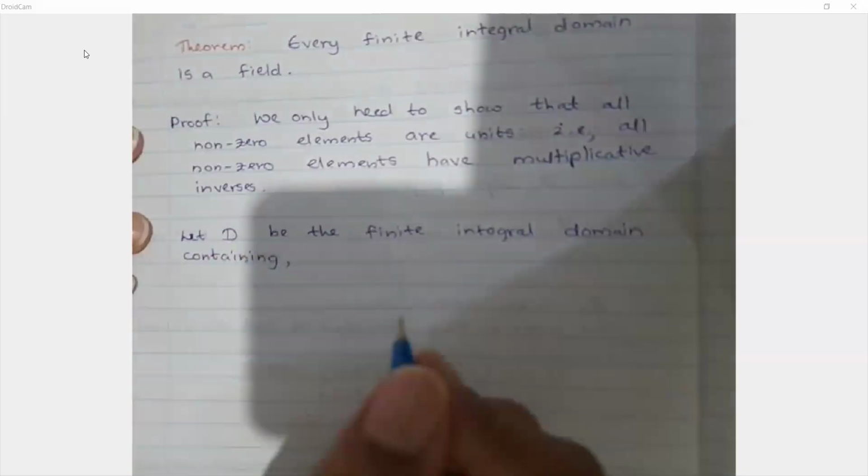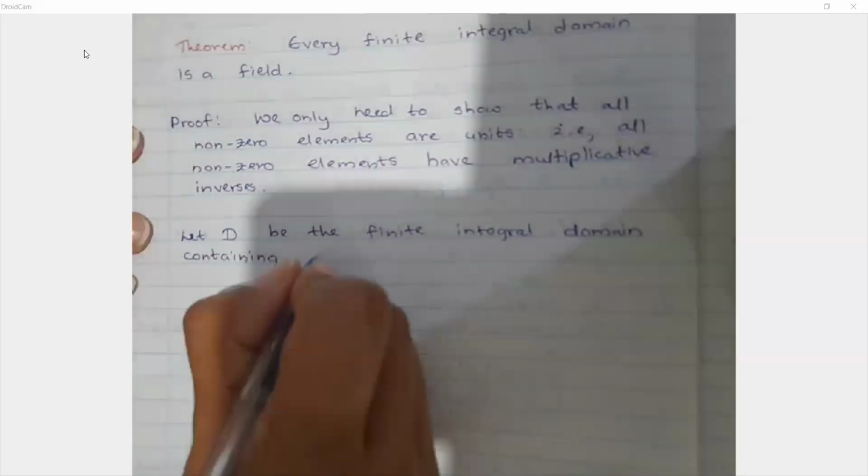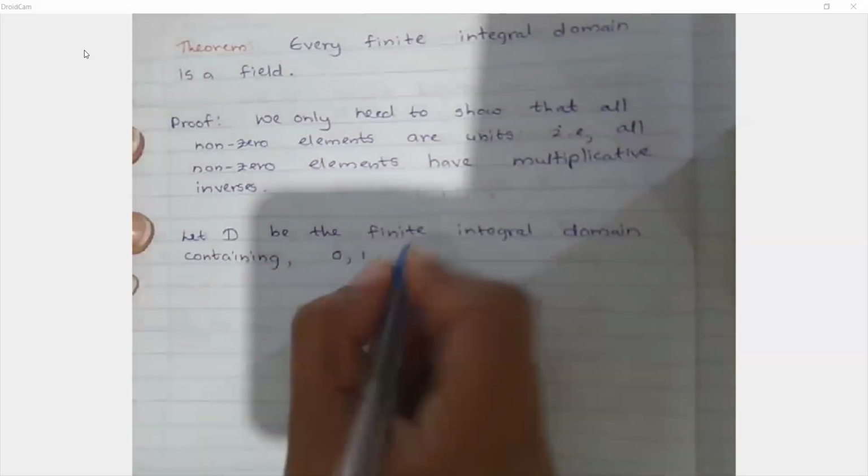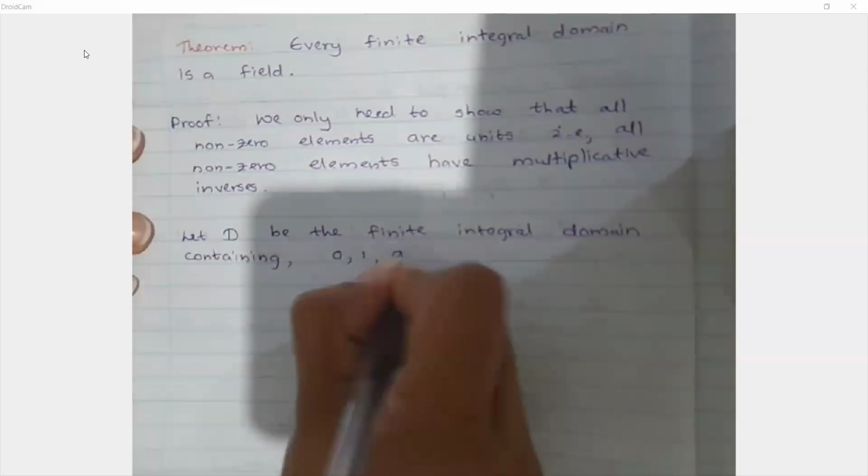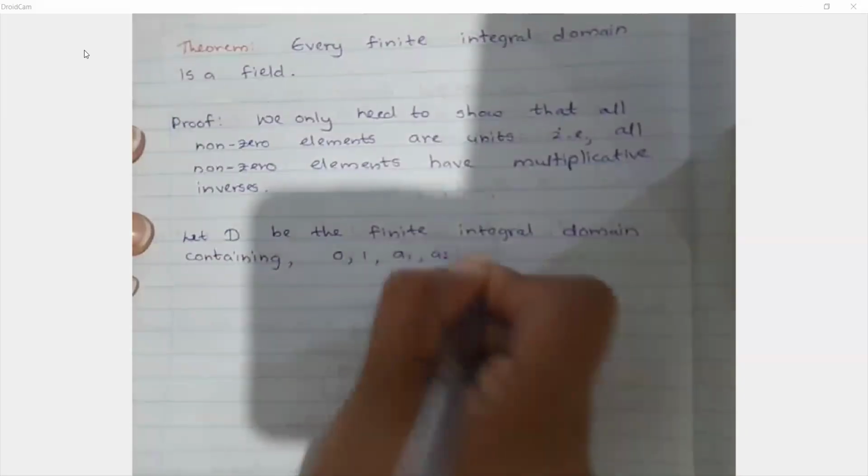It contains two elements we know, 0 and 1, and the rest we will simply write in this order: A1, A2 up to AN. It's a finite ring containing this many elements.